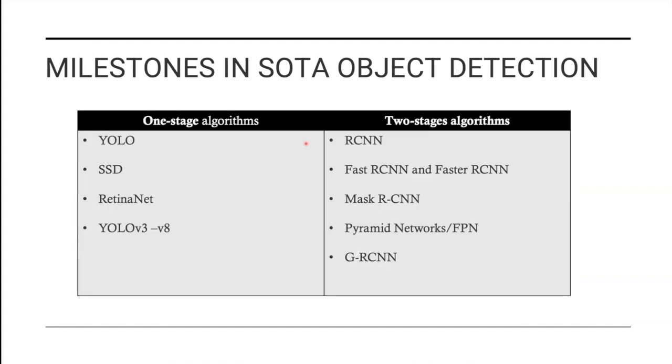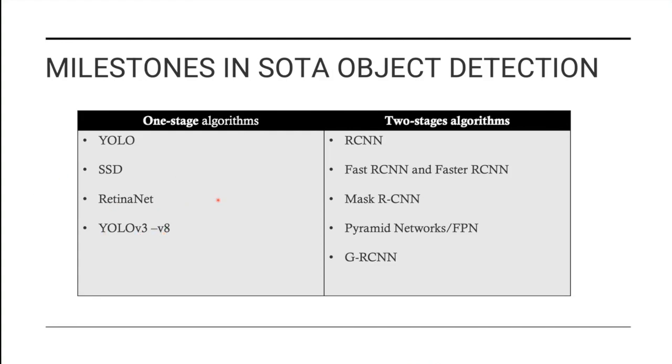Okay. If you want to categorize them, we have the one-stage algorithms, the family of YOLO: the simple one that came first, and then YOLO version 3, 4, 5, 6, and today 8.